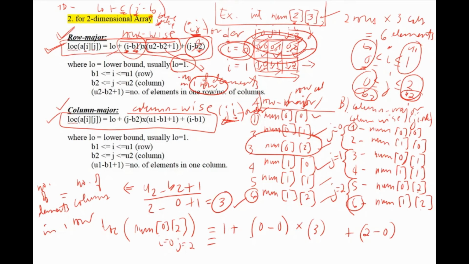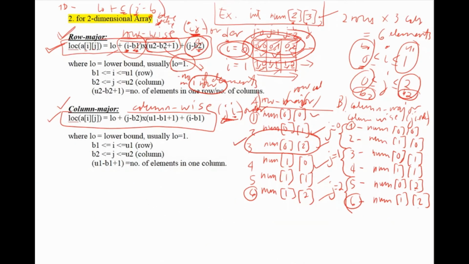And so we simply cancel this one out. That's 0. So this is 1 plus 2, and that is 3. Meaning the position or the location of element num 0, 2 in the array structure is third position. So indeed it is, right?